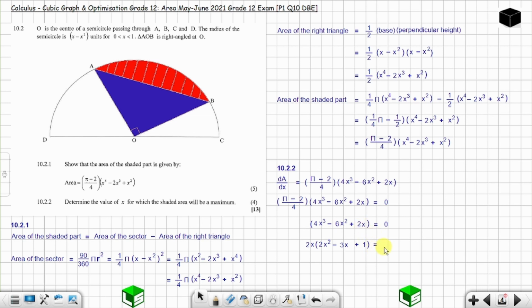This is equal to 0. Okay, you can carry on. You can factorize this bracket. Okay, let's do that. You have 2x, and this bracket, you can factorize it like this. So you have 2x times x, and this is going to give you 2x squared, and you have 1.